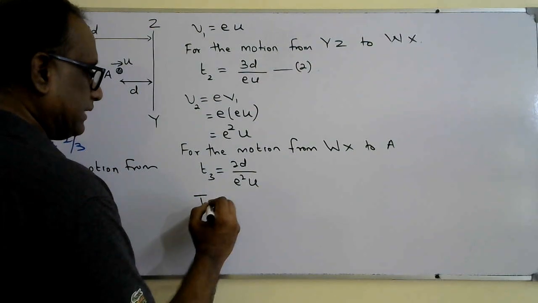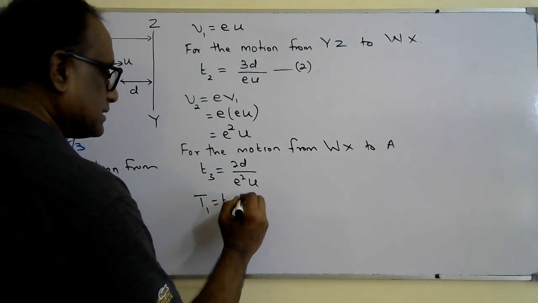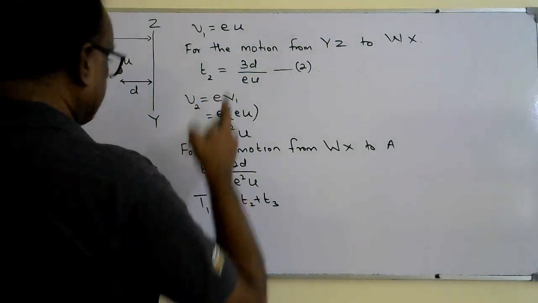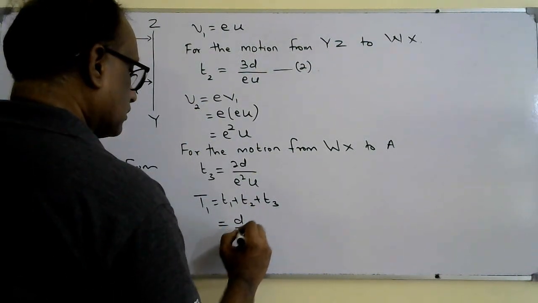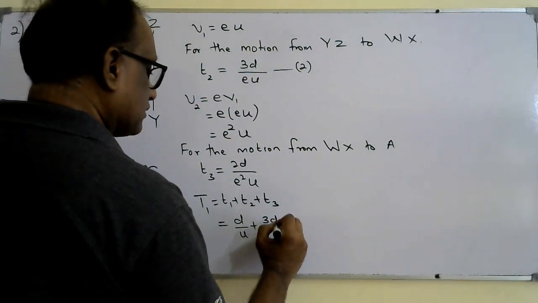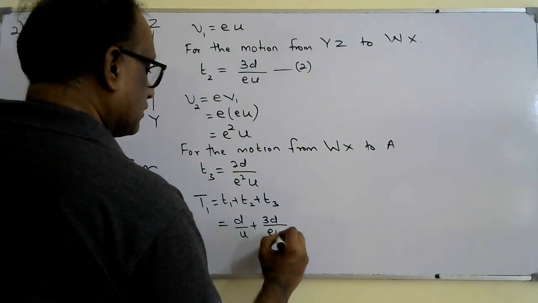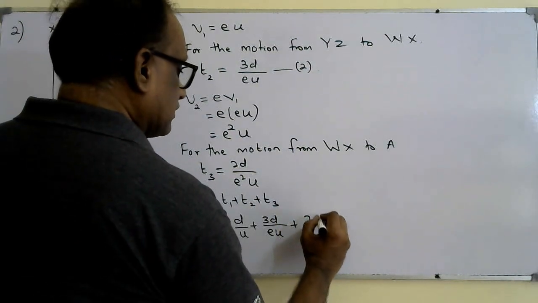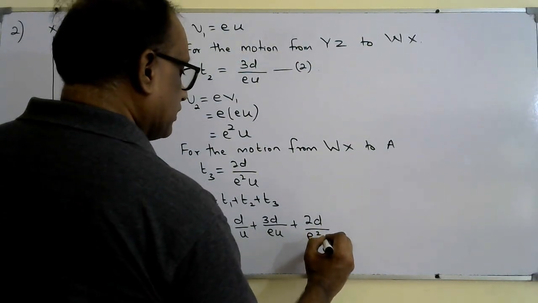The total time T is equal to T1 plus T2 plus T3. We know T1 is d over u, T2 is 3d over Eu, plus T3, 2d over E squared u.